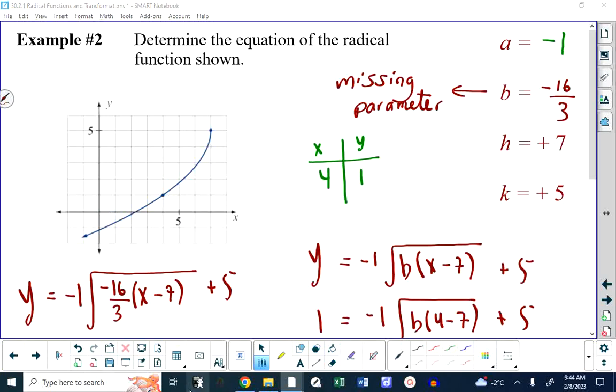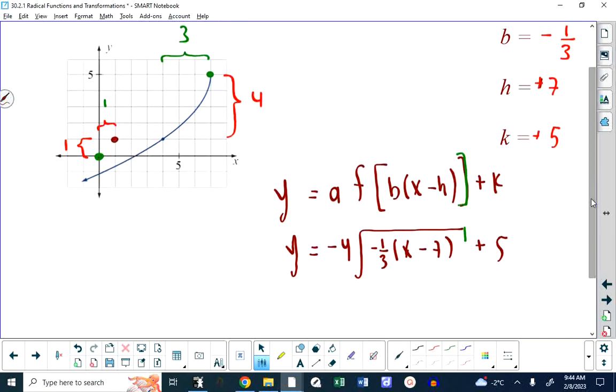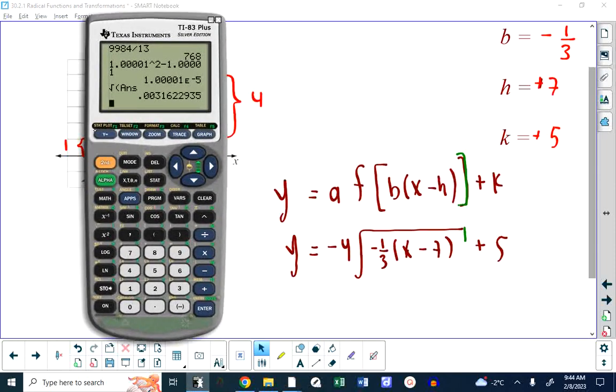Let's graph what we got here on our calculator. -4 square root -3 bracket x minus 7, close the brackets on x minus h and on the function, and then add 5. I'm going to choose to go zoom 6, zoom standard. There it is.